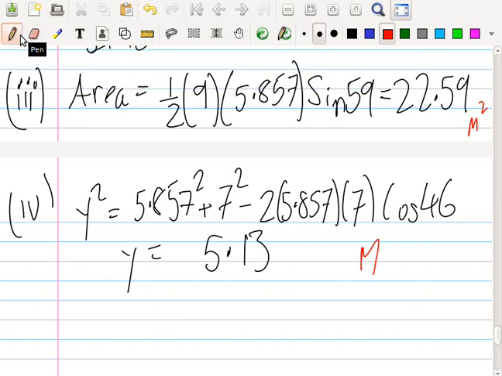Oh, well, I just put the square root over this answer on the calculator as well. So the calculator should give out 5.13. I use the cosine rule here. Yes? Okay. Number 2 now?